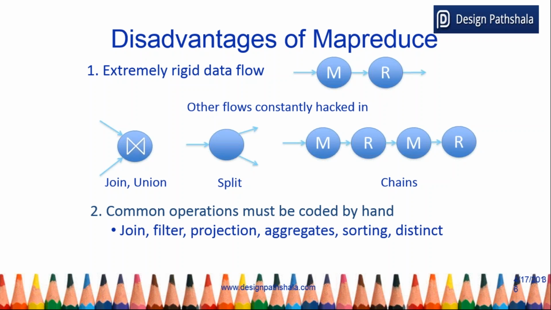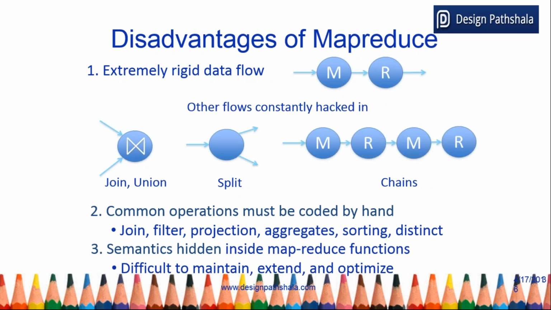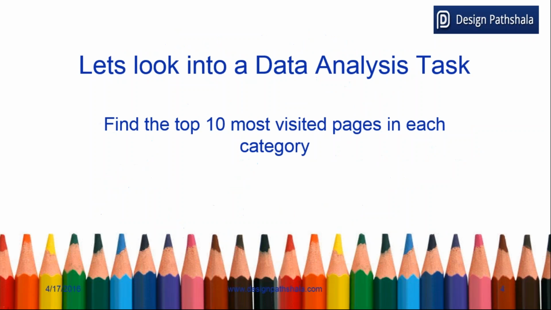So all these things need to be coded in MapReduce, and that was a pretty tedious job. So Facebook came up with Hive, and these people came up with Pig. Both of them are now Apache license open source projects.